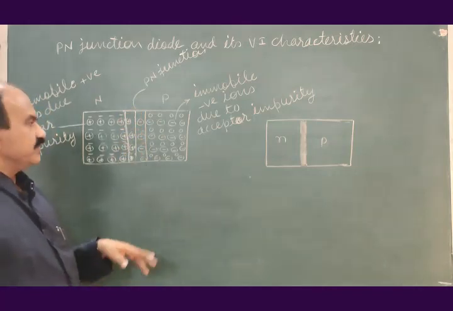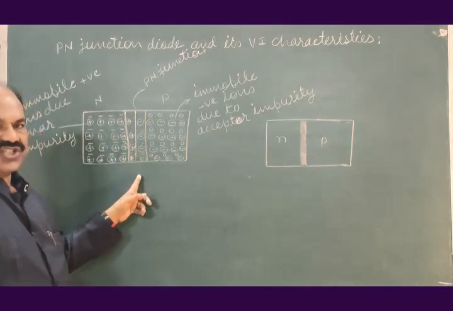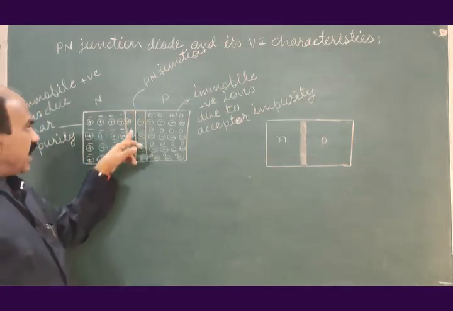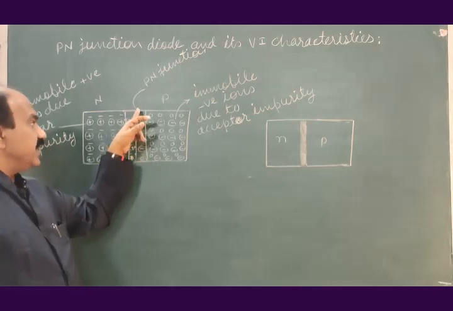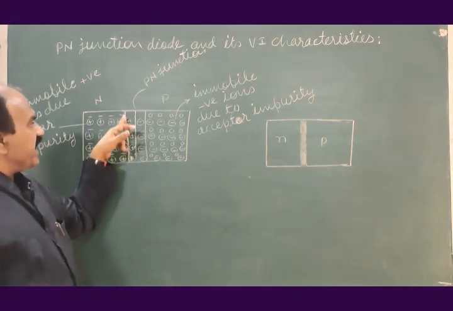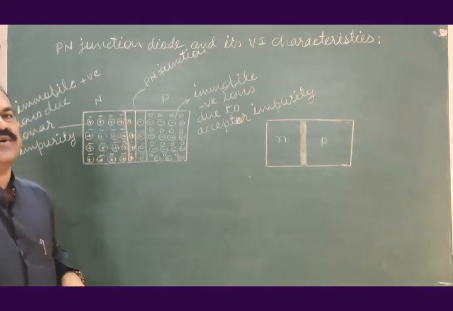Now, in the vicinity of the junction, the p side has immobile negative ions and the n side has immobile positive ions.